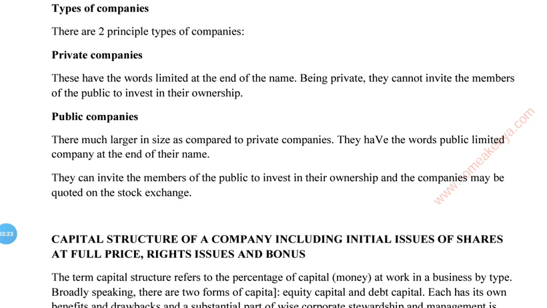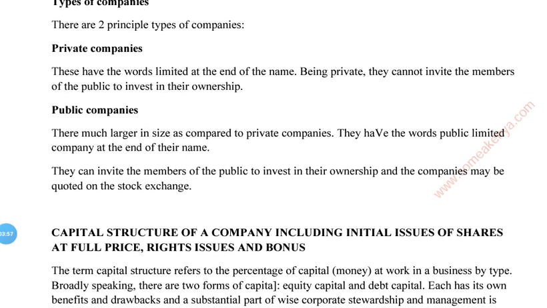Another difference is that the sale of shares in a private company is restricted by their articles of association, while the sale or transfer of shares in a public limited company is free, so there is no restriction. So those are some of the differences.